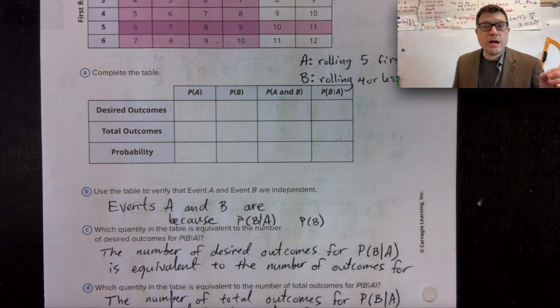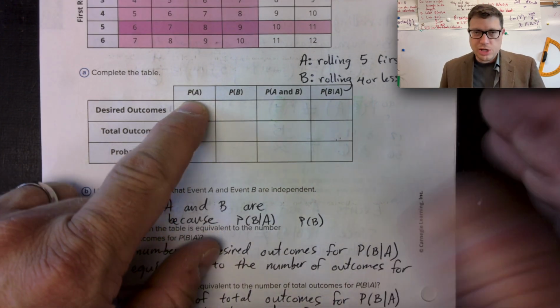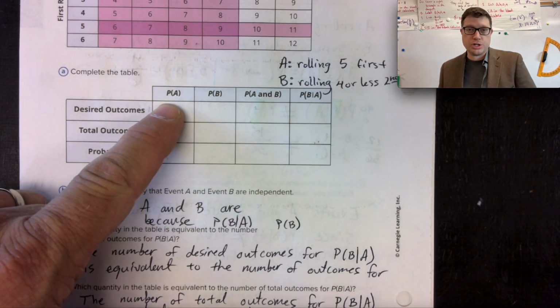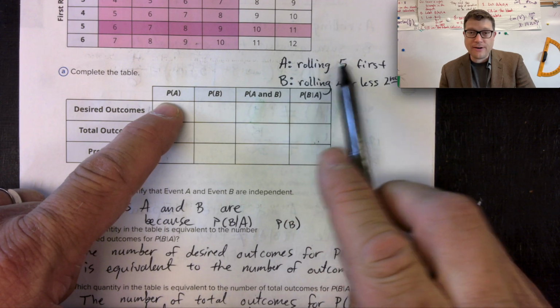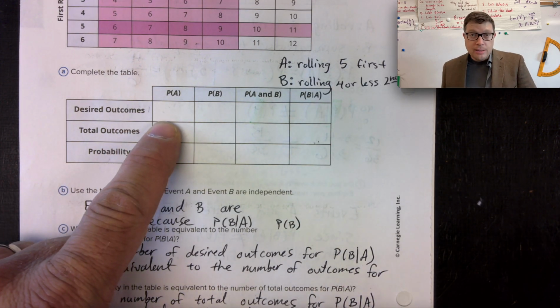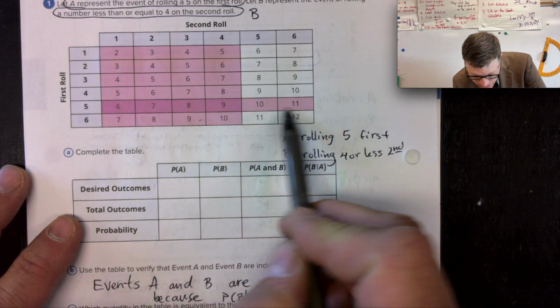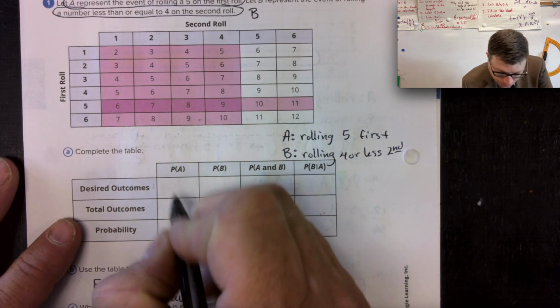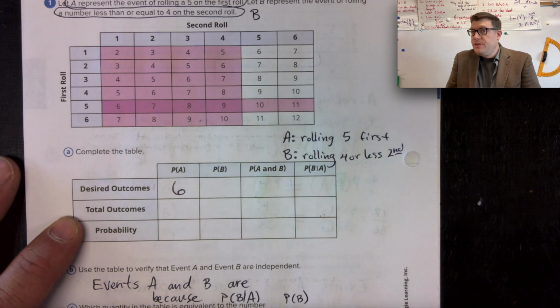If the probability of A, which again, this notation was catching me off guard too, so I want to make sure you're not caught off guard. It means rolling a 5 first. Well, how many situations from our table are rolling a 5 first? It's these ones. There are 6 of them. But it's out of the entire table.